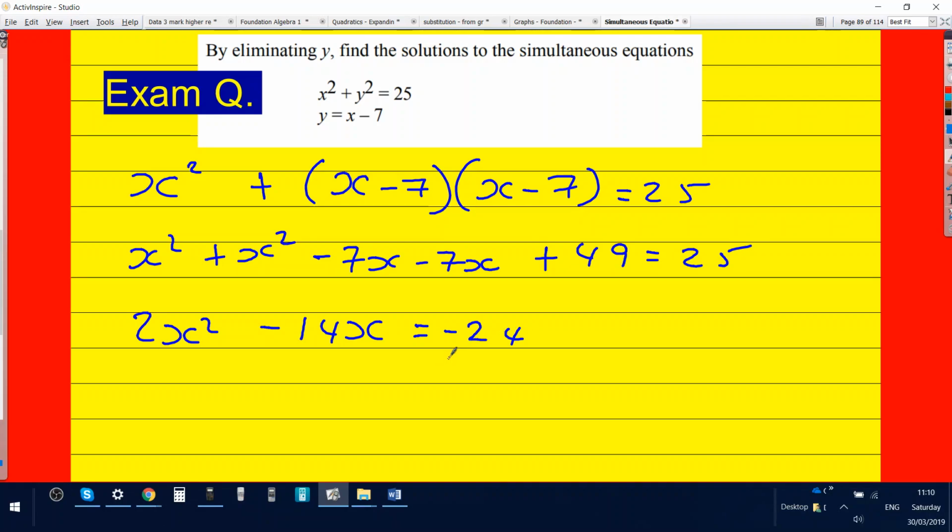So something to let's make 24, let's make 14. That would be 6.